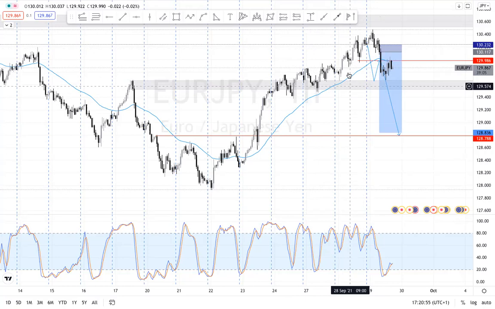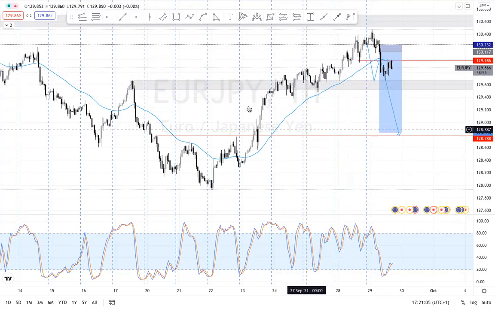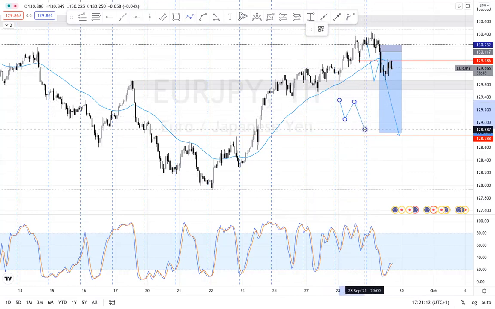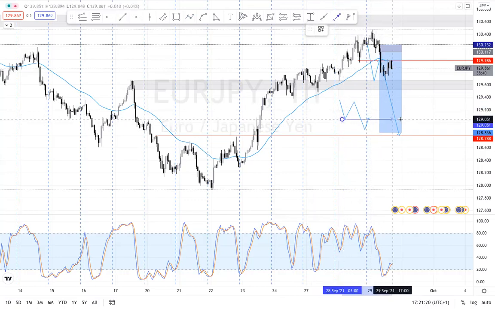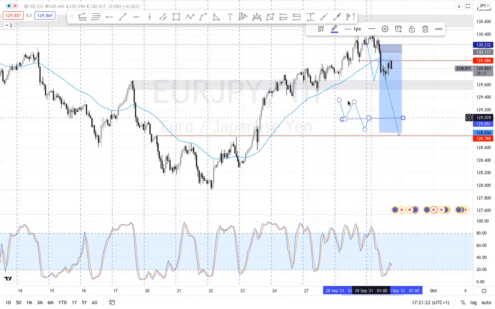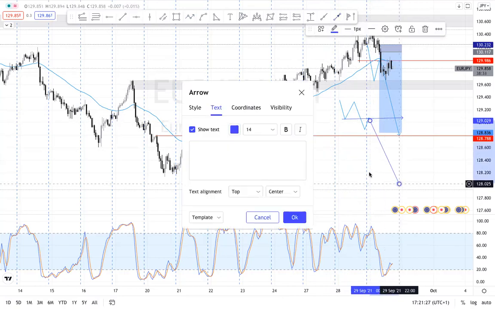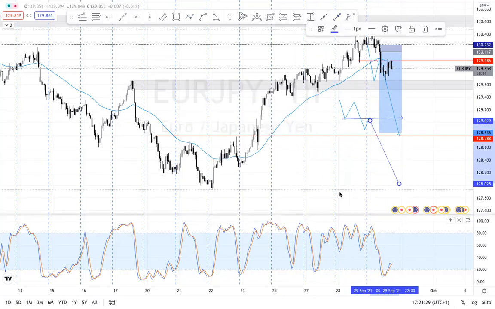So I ask myself, is there any structure that the market has broken relative to me selling this market? If I want to sell this market, what I should be looking for is a broken structure and, more likely, a retest. Then I enter from this point. If the stochastic is overbought at this point, I should be looking for a sell to the downside. This is basically what should actually happen.